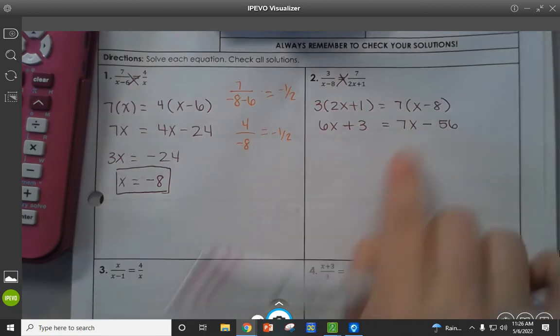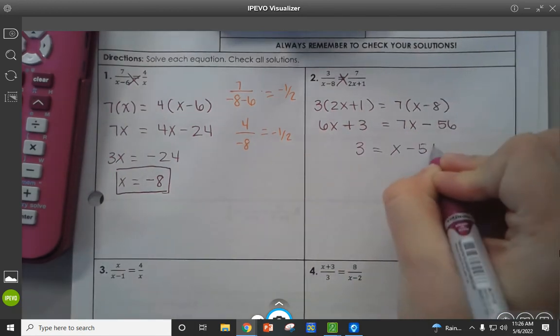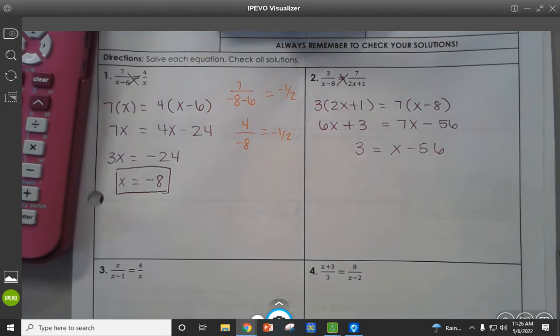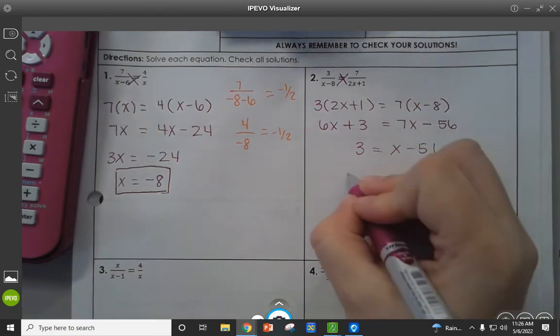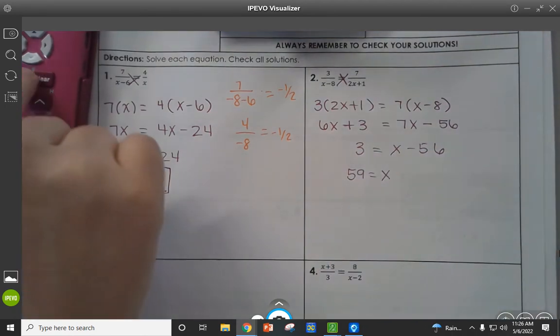If I subtract 6x from both sides, I get 3 equals x minus 56. And then if I add 56, I get 59 equals x.